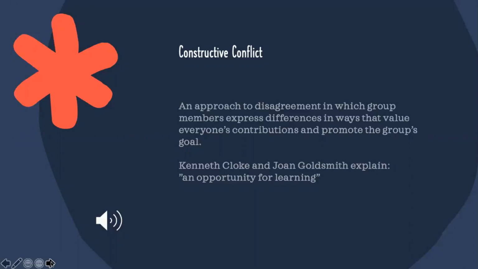For example, researchers Kenneth Cloke and Joan Goldsmith explain that we all have a choice about how to deal with conflict. They state that we can treat it as an experience that imprisons us, or leads us on a journey, as a battle that embitters us, or as an opportunity for learning.